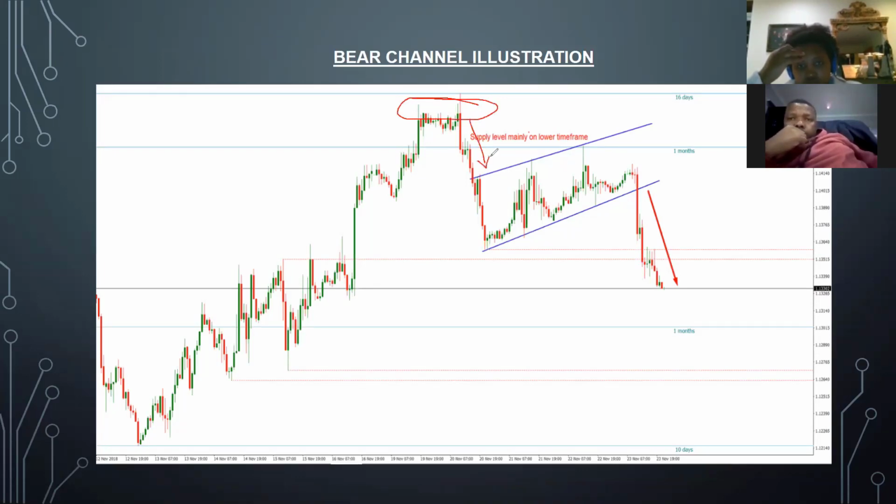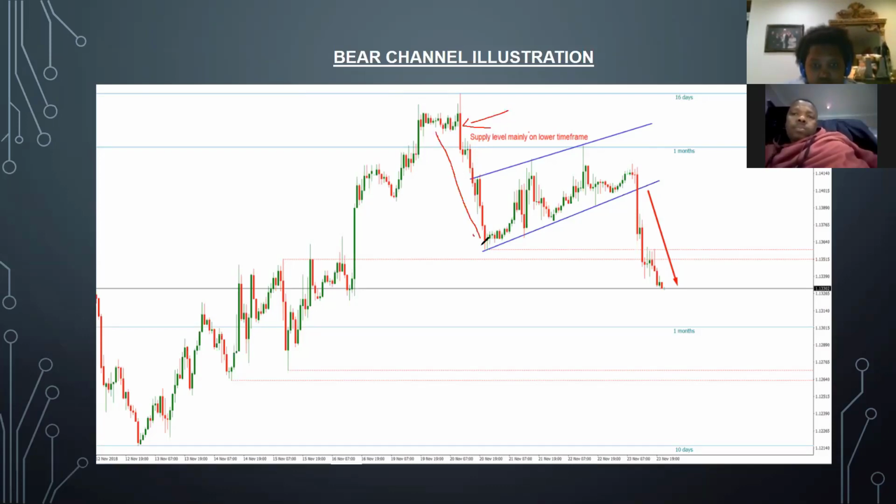Remember the definition of supply: the market hits an upper price level and rallies away, or it moves in an impulsive move from that level to the downside. So we've got a clear supply zone created here. This is an H4 chart. Then the market tumbled, moving bearish to the downside.